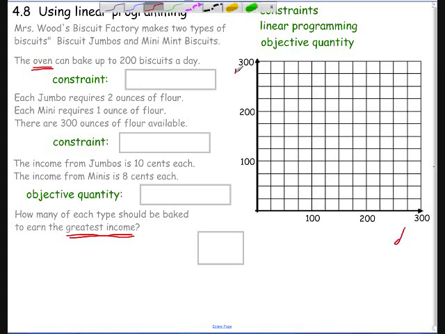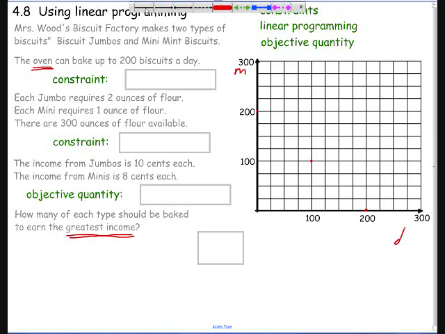I'll go back here and write my M again. 200 biscuits a day. So I could actually do 200 jumbos, or I could do 200 minis. I could do, it seems, 100 of each, right? So any of these combinations I could do.